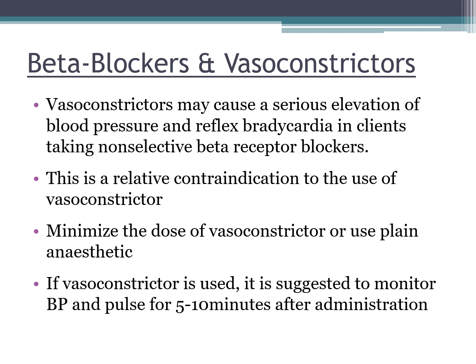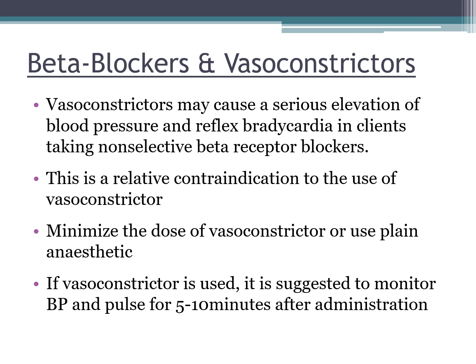Beta blockers and vasoconstrictors. Vasoconstrictors may cause a serious elevation of blood pressure and reflex bradycardia in clients taking non-selective beta receptor blockers. This is a relative contraindication to the use of vasoconstrictors.